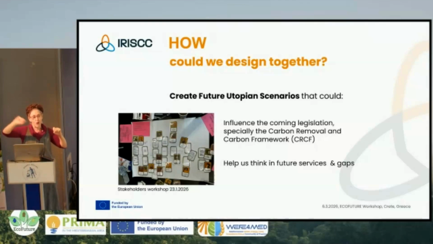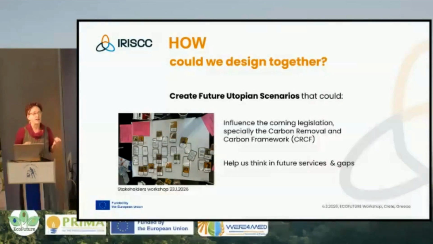So they are not only diagrams or axes and curves, but stories. We use these different types of cards that depict the system and the personas to understand these future scenarios, and to think about future services and the gaps, especially the gaps.